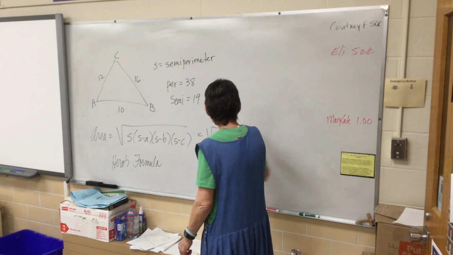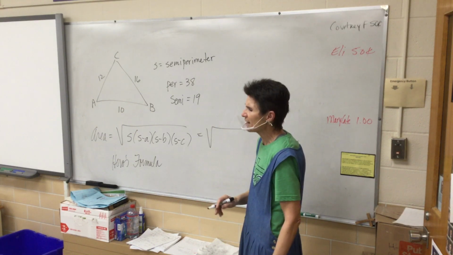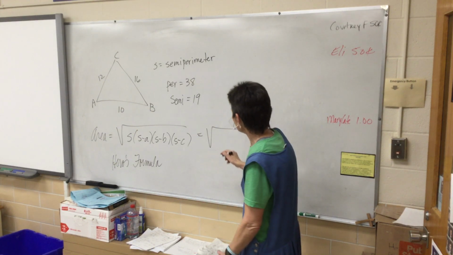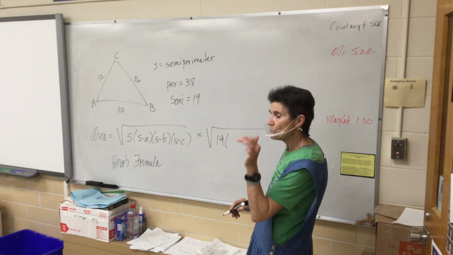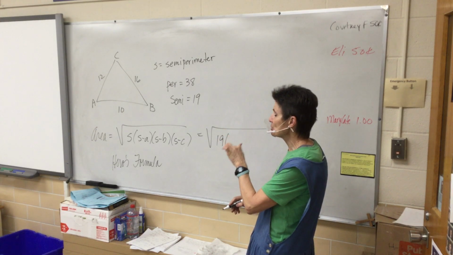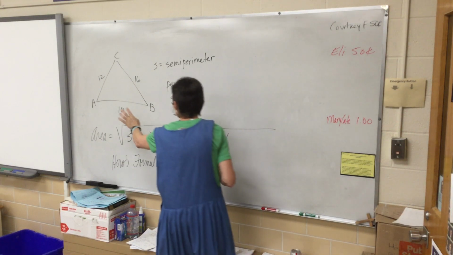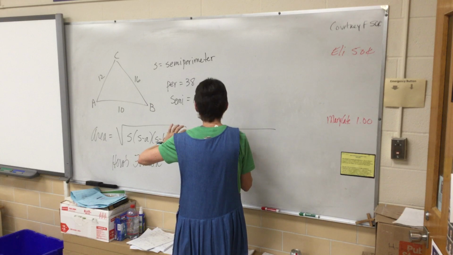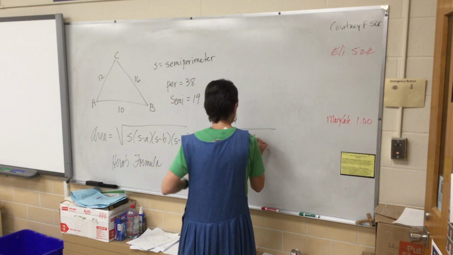So to find the area of this triangle, it is so slick. This guy was brilliant. Start with the semi-perimeter, 19. Then do 19 minus each side in whatever order. The order doesn't matter. So 19 minus 10, 19 minus 12, 19 minus 16.